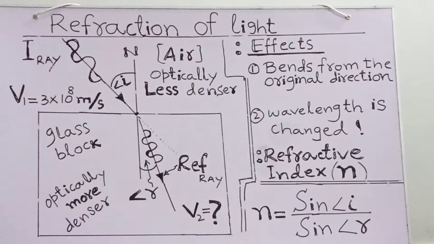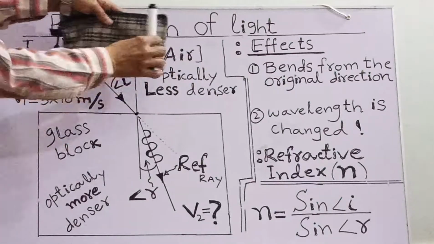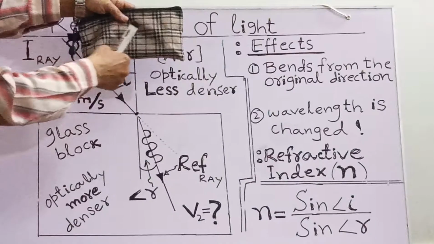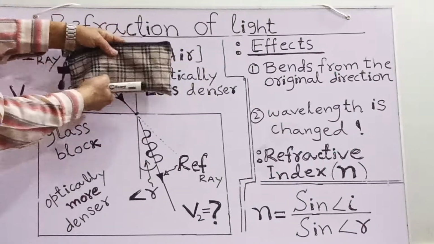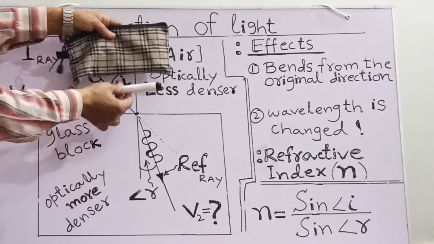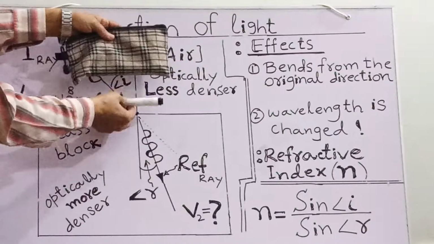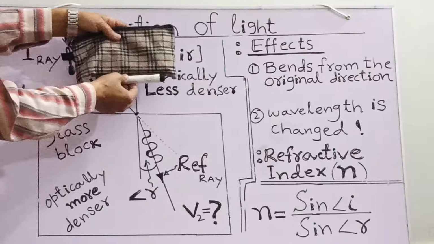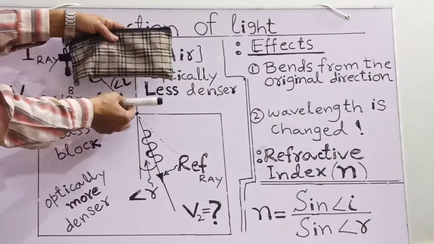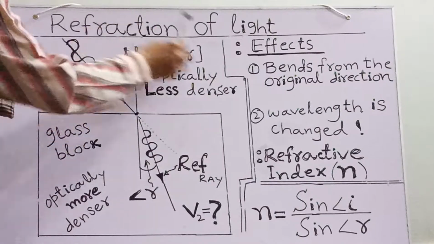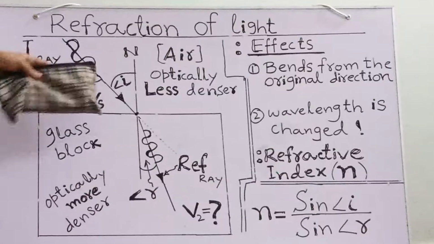It means two mediums are merging, like this is air and this is glass. So air is ending along this line, and the glass block is touching along this line, and the glass is extending downward. So this is the boundary of air and glass in this example.